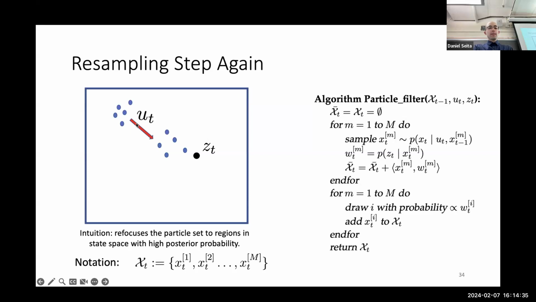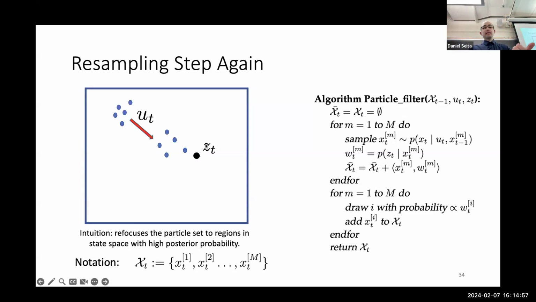If ut is the fact that the robot we're trying to localize here is moving in this coordinate direction, then a reasonable transition model should at least move the particle from the upper left to the lower right. Otherwise, it's a strange transition probability.